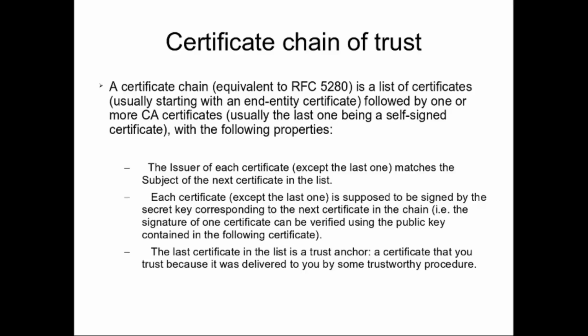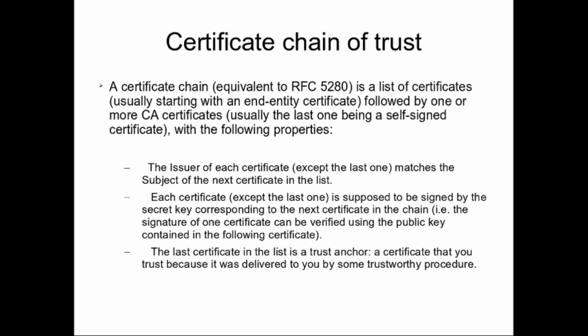So what is a certificate chain? As I said, you go to some CA, but the CA is not a single person for the whole world. So you have sub CAs, or the CA has authorized a few other people to issue certificates on its behalf. That way we have a chain of trust, and each sub CA has to be trusted again.